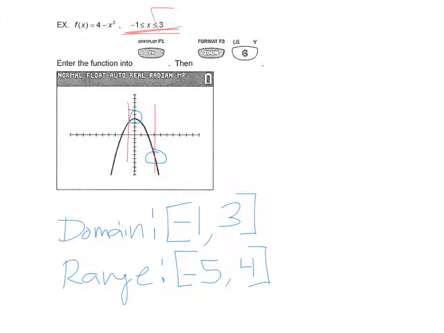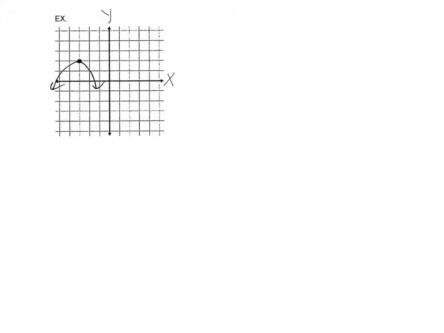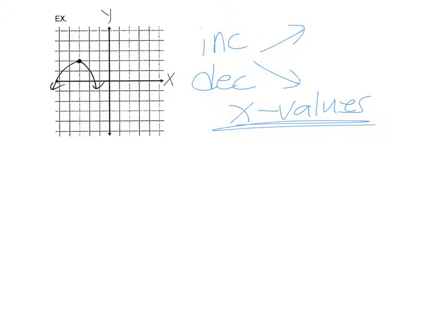Now next we're going to look at where graphs are increasing and decreasing. And when a graph is increasing, that means when we're looking from left to right, it's going uphill. When the graph is decreasing, as we look from left to right, we're going downhill. And the answer will always be x values, never y values.